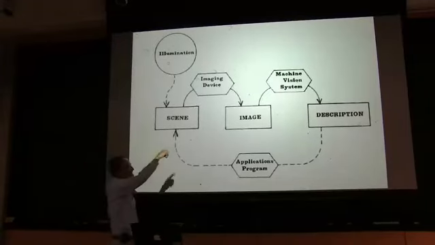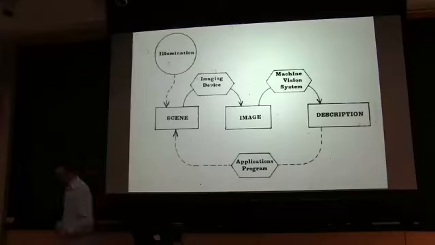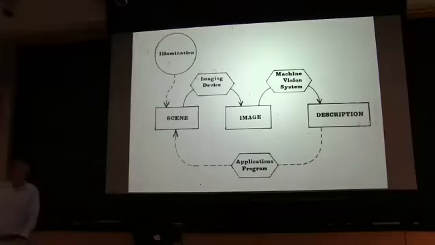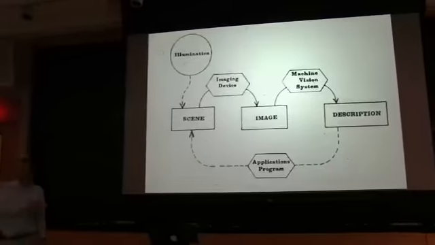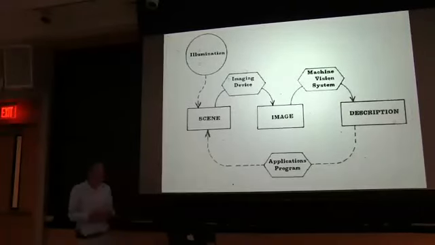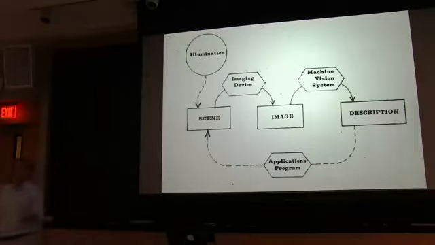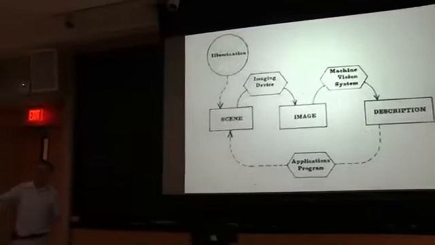And then our job in the machine vision system is to build a description. It becomes interesting when you then use that description to go back and do something in that world. In my view, some of the more interesting things are robotics applications, where the proof of the pudding is when the robot actually grabs something and grabs it the correct way.